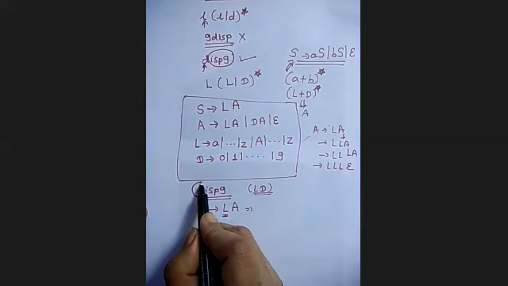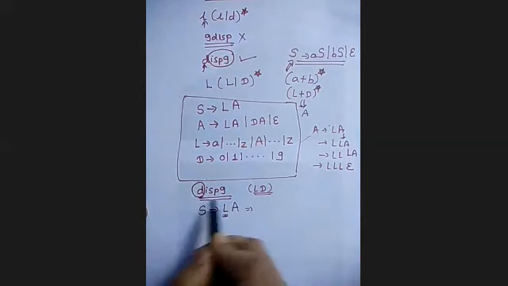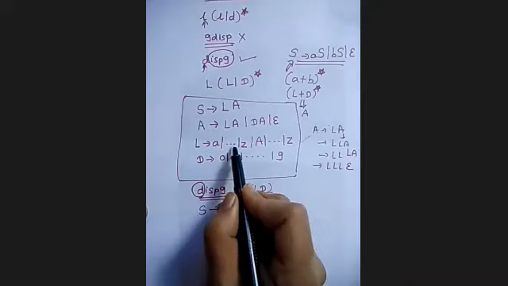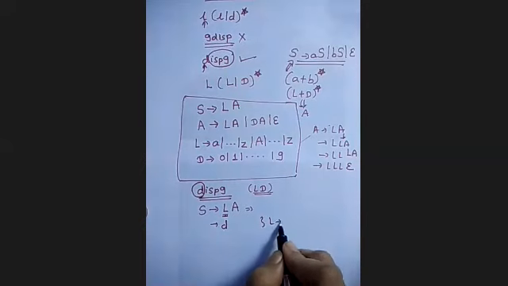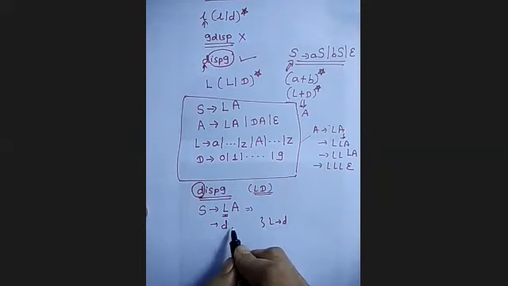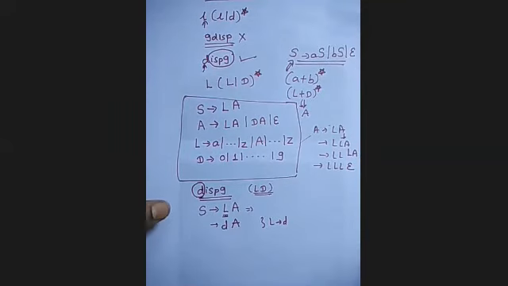We want to derive DISP9, so one by one you consider. For this L, which rule will you apply? L gives small d. So the rule L gives D is applied here, and then it is followed by A. Is that clear?